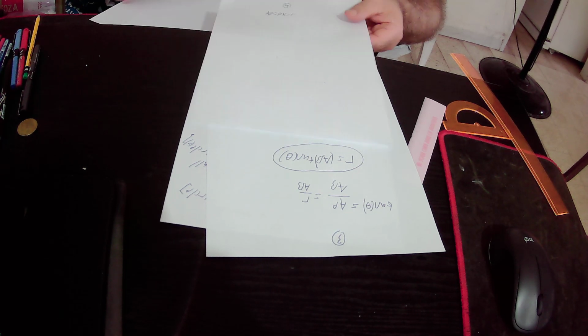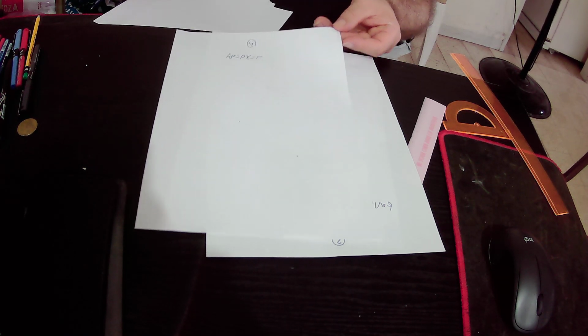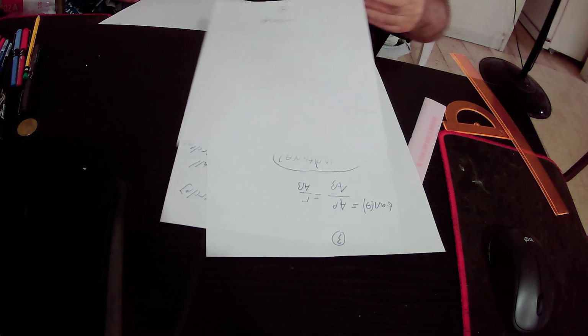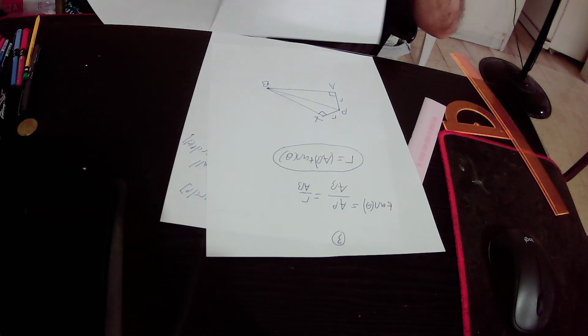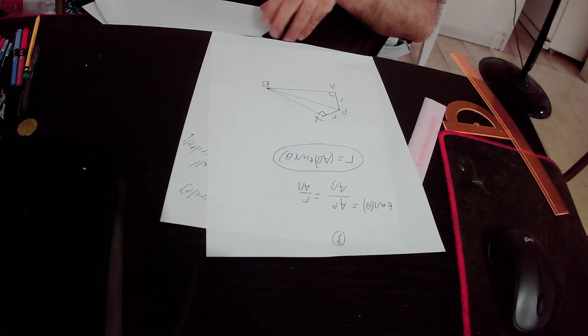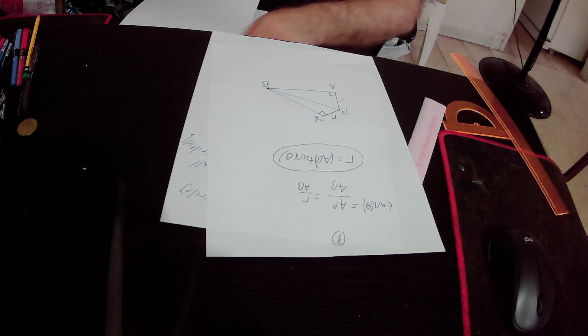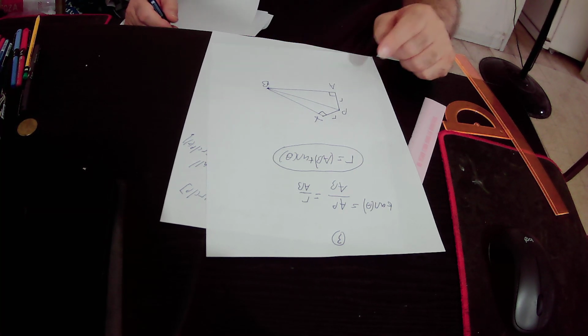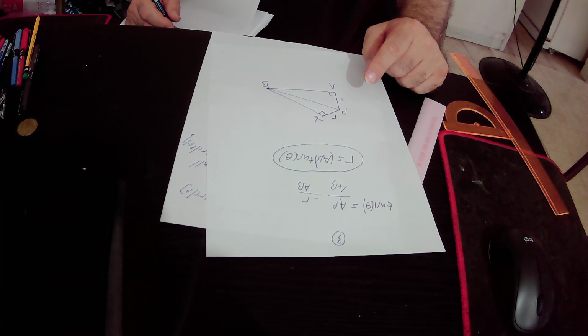AP equals PX, and both those two line segments are the radii of the small circle, therefore they are equal to each other. And also PB is a common side. Side PB belongs to triangle APB, and it also belongs to triangle PBX.